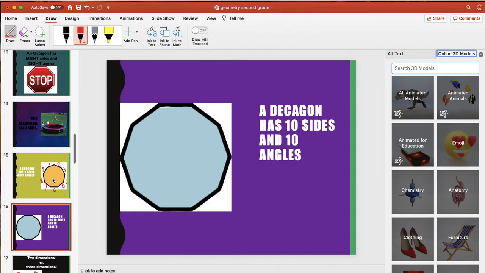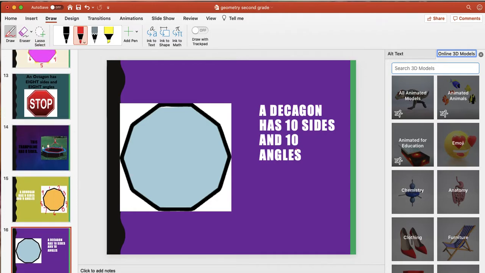Okay, and lastly, we have a decagon, and that has 10 sides and 10 angles. So we'll just number these as well. We have 1, 2, 3, 4, 5, 6, 7, 8, 9, and 10. And that's the last one that we're going to be talking about for today.